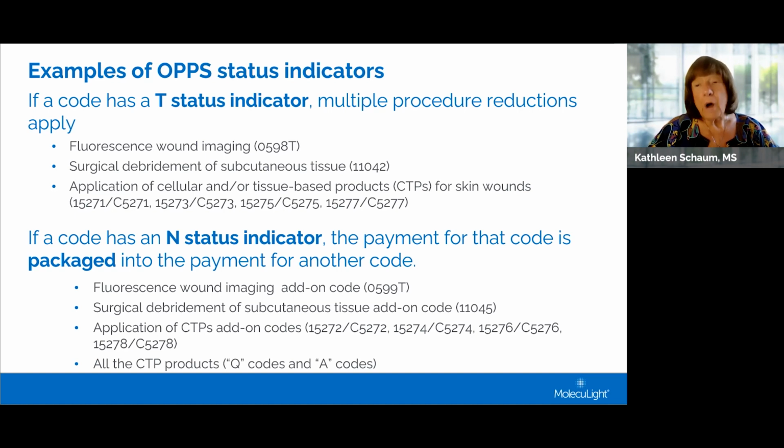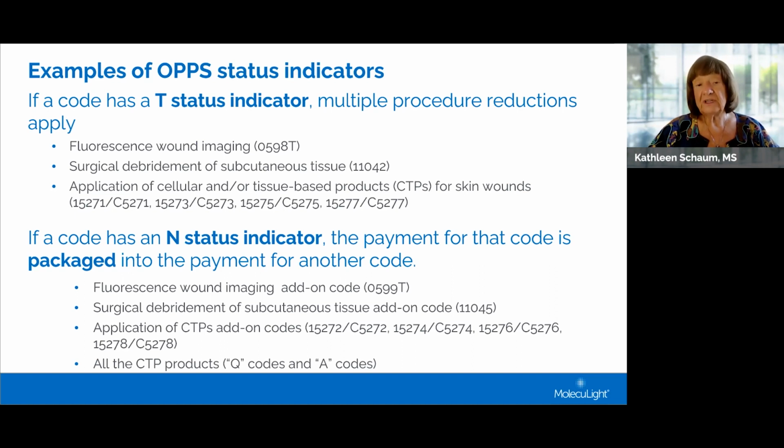Now, at the bottom of the slide are a few examples of the many procedures and products that are assigned N status indicators. Remember, if a code is assigned an N status indicator, the payment for that code is packaged into the payment for another code. Therefore, the packaged code is not separately paid in the HOPD.